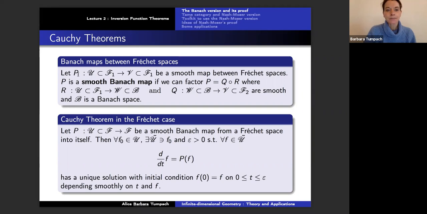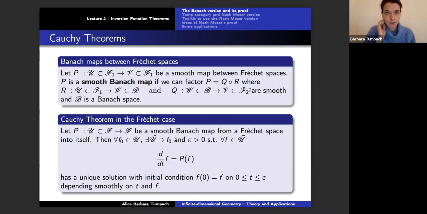And this map is called a smooth Banach map if we can insert a Banach space in between, a Banach space B, such that this map P is the composition of two maps, Q and R. R is going from an open set of the first Fréchet space F1 to an open set of a Banach space B. And the second one, Q, is going from this open set of B to the second Fréchet space.